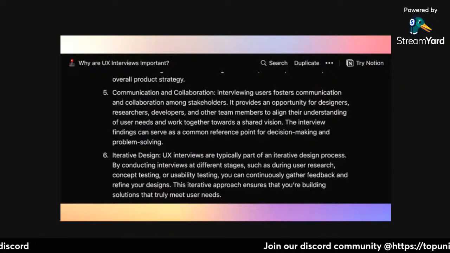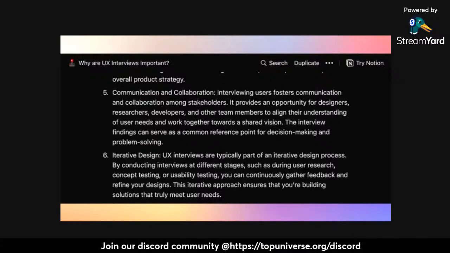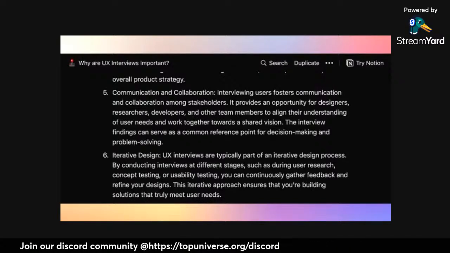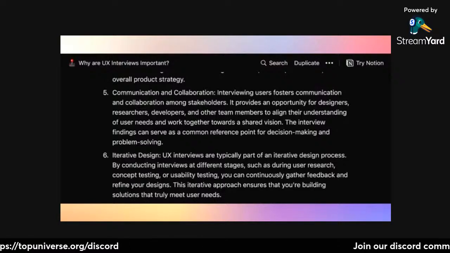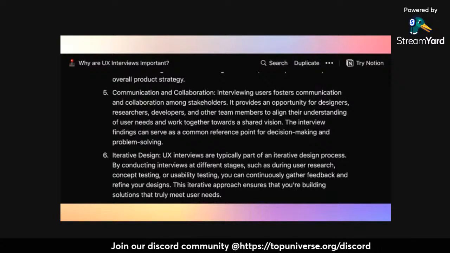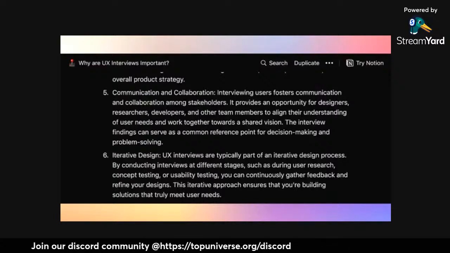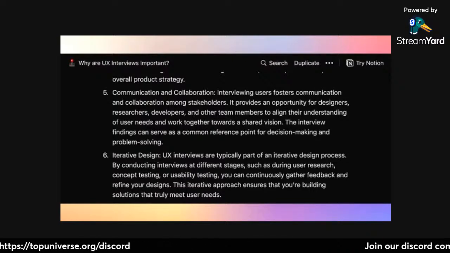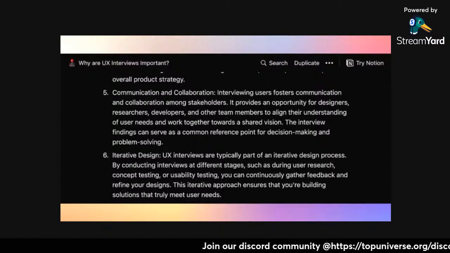They want to listen to what you have to say, and they want to collaborate around the feedback, so that they can resolve the problem of the user, rather than coming up with random solutions that they feel would help the user, right? So, UX interviews are very important because they will definitely foster better communication and collaboration.